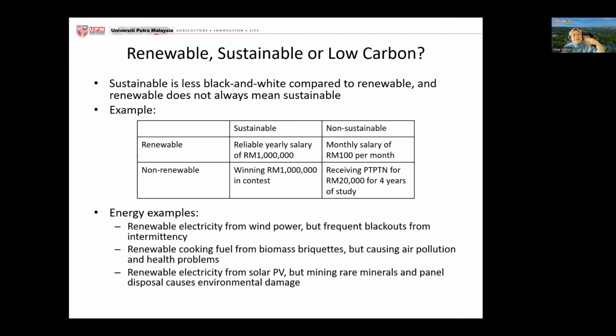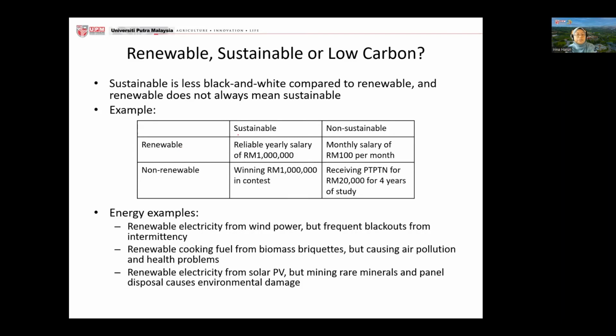I hope you can understand what I'm trying to convey, because with sustainability, you have the three pillars, and you can assess whether something is sustainable or not based on these three pillars. But renewable is not always sustainable. So that is the basic difference between renewable and sustainable.